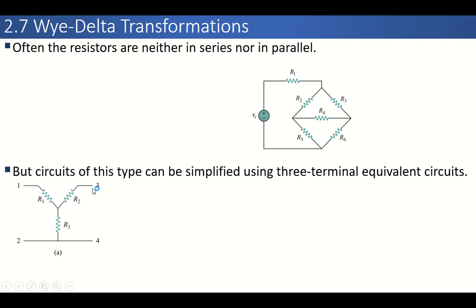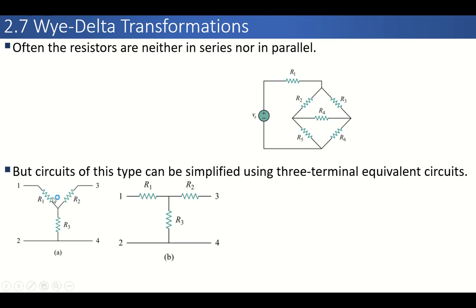Similarly, R2 is connected between point 3 and this neutral point, and R3 is connected between point 2 or 4 and this point. The shape of this circuit is just like a Y, so we say that this is a Y network, or some kind of T network.